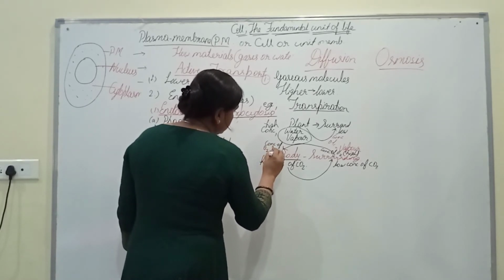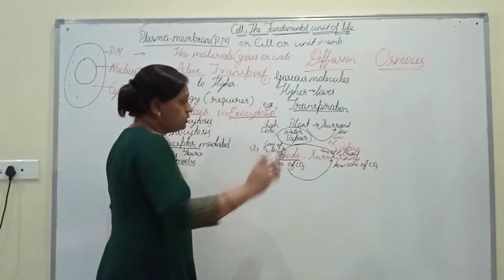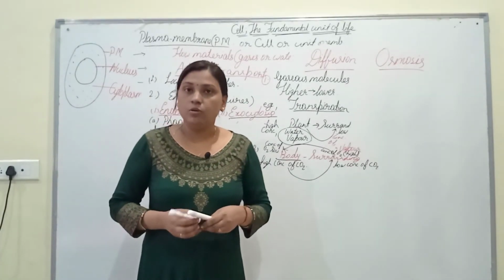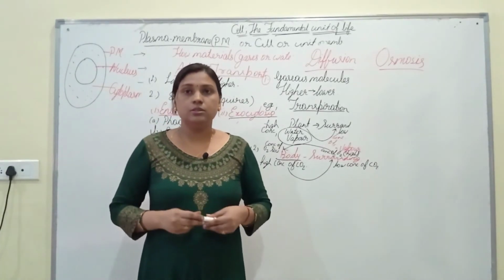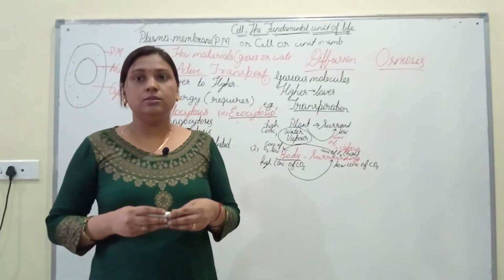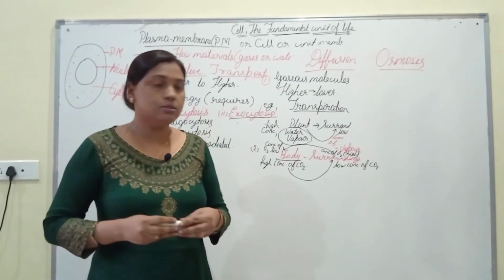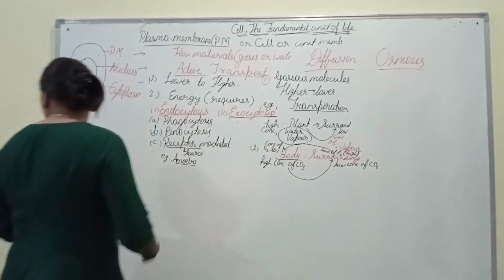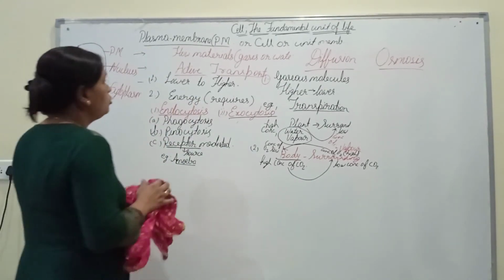So this is another example of the diffusion process, that is, the exchange of respiratory gases, CO2 and oxygen, in human beings. Now we will move towards the osmosis process.